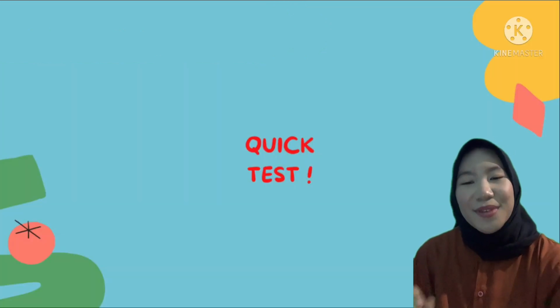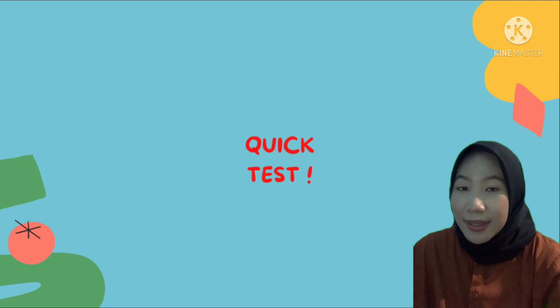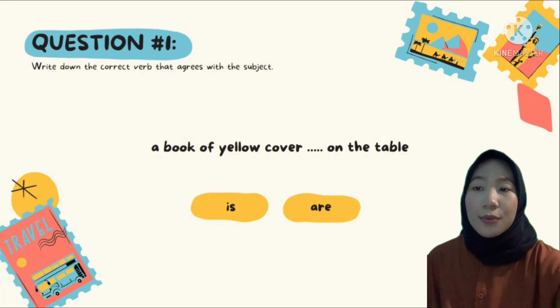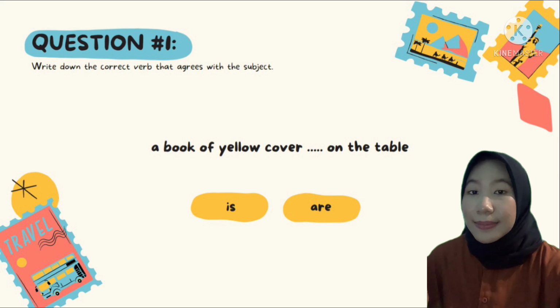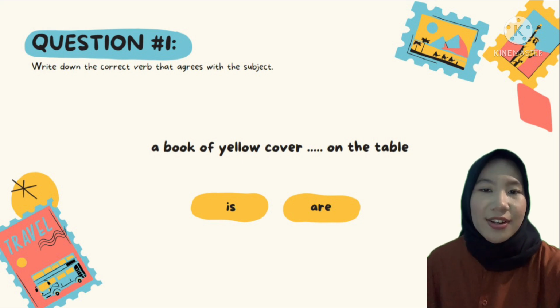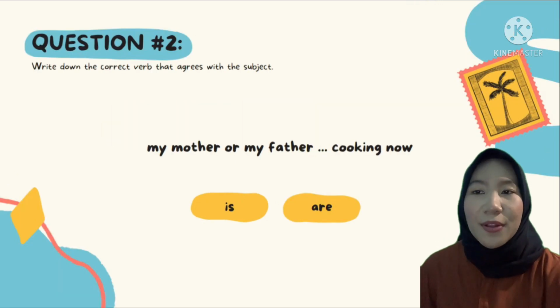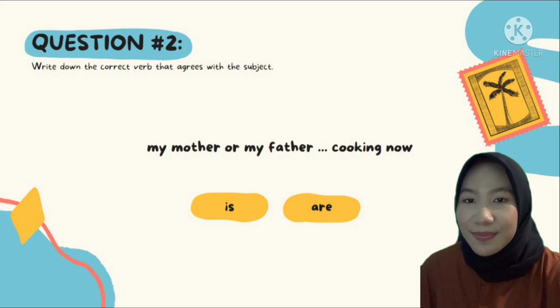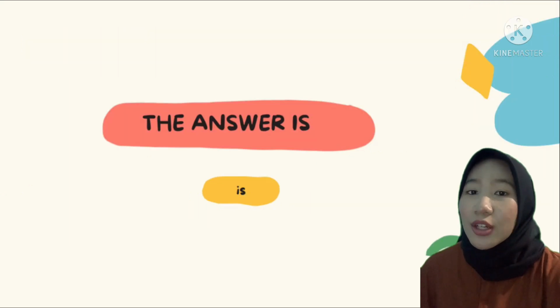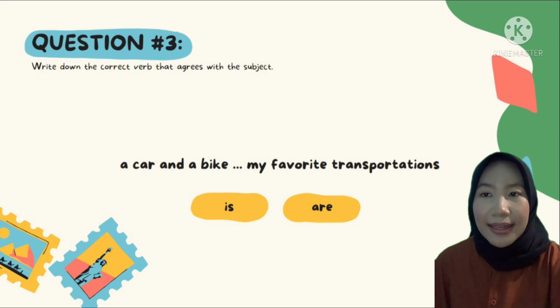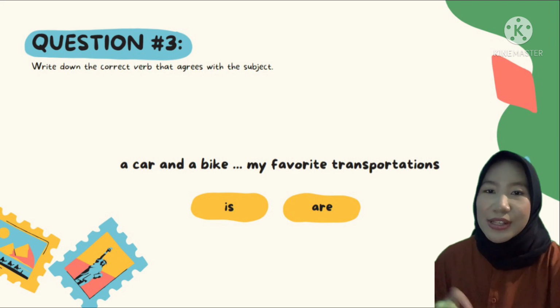So now, to make sure you understand subject-verb agreement, let's start a quick test together. First: a book of yellow cover, blank, on the table. What is the correct answer? Second: my mother or my father, blank, cooking now. What is the correct answer? Third: a car and a bike, blank, my favorite transportation.